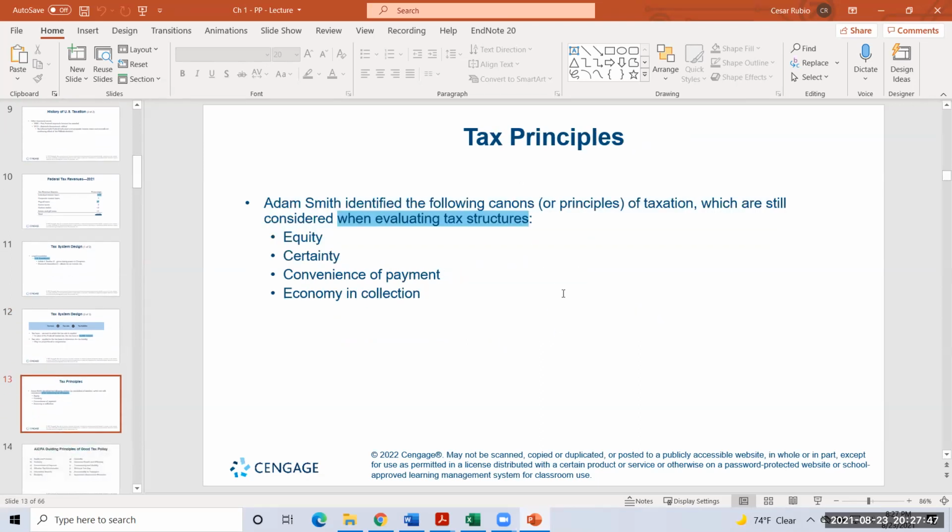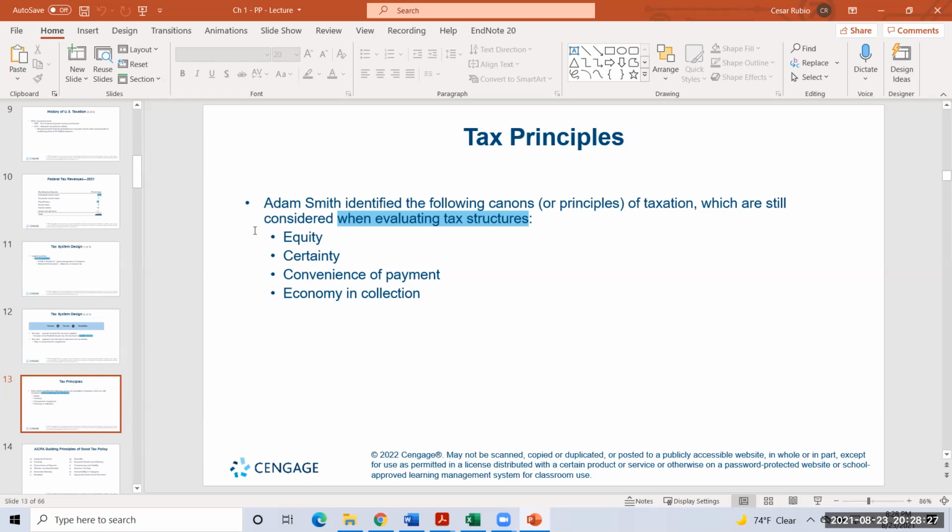This is another area that I want you to pay close attention to. It is considerations for the tax laws. We have the equity consideration, certainty, convenience, economy and collection. When it comes down to evaluating the tax structure, when a tax law is developed and created, it has to have some type of consideration behind it, and it must follow some of these, right?